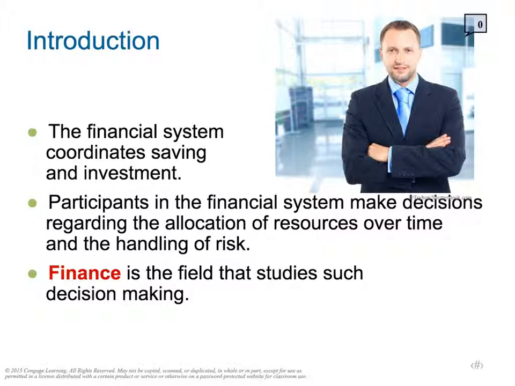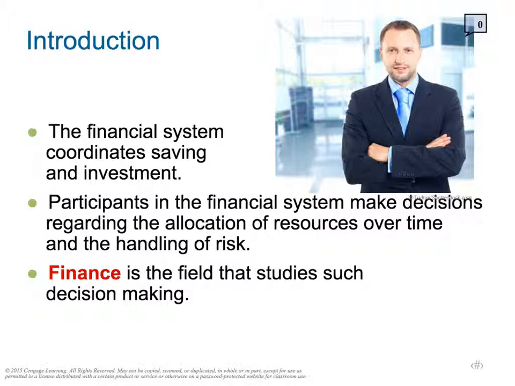Okay, so we're talking about the financial system, and the idea of the financial system is that we take savings, private saving and public saving, remembering that public saving is usually negative, and we turn that back out into the economy in the form of investment. When we do this, we make decisions regarding our allocation of resources.